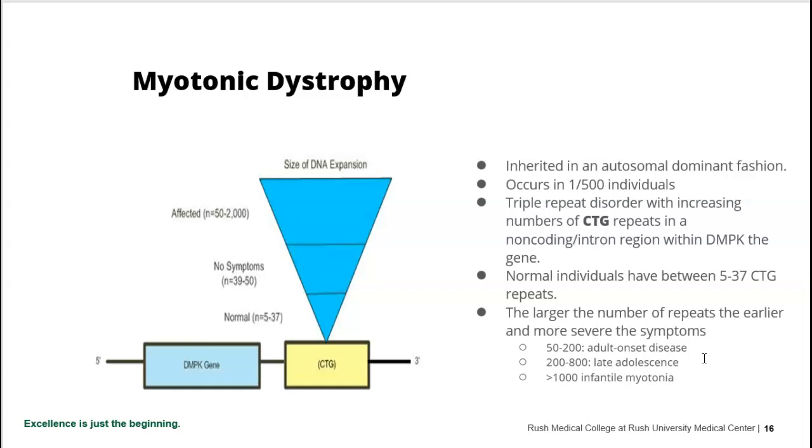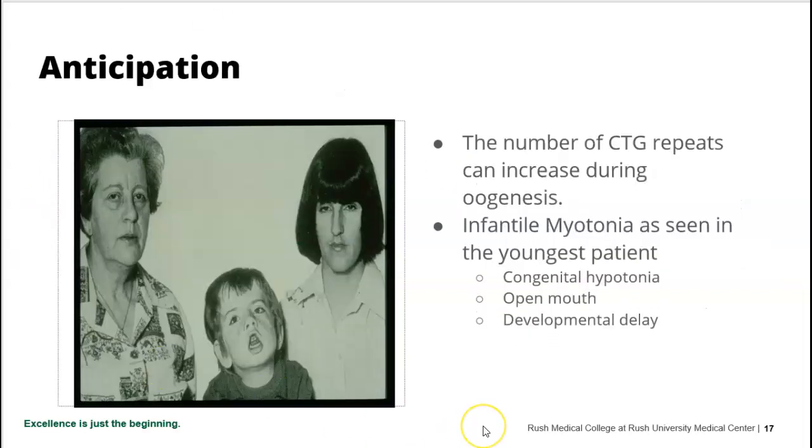So this is something called anticipation, that this can get worse from one generation to the next. And here is a grandmother, a daughter, and the grandson. The grandmother has early onset cataracts and a little bit of mild muscle weakness. You can see this daughter has a long face, and she's very expressionless.